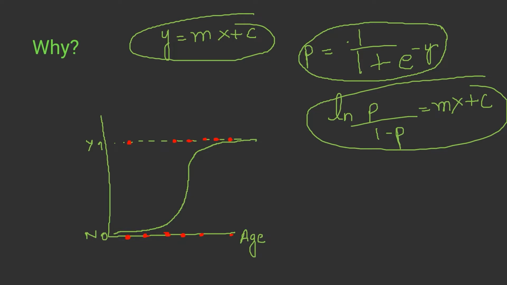If I have age this, then this will be the probability. If I have age this, this will be the probability. So it's very clear what we have to do.